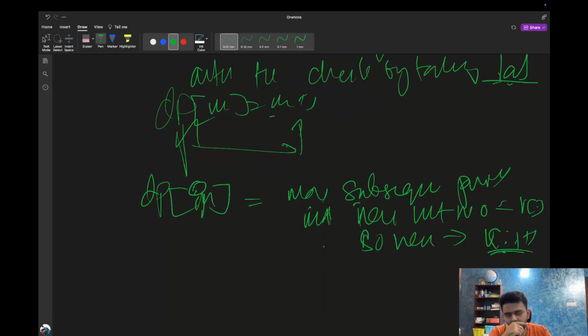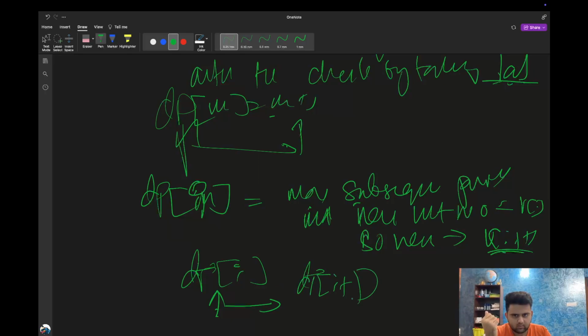So what I can do is I can check this dp of i, or get the nearest m and dp of i plus 1, or dp of here. I can just cover it deterministically. Perfect.